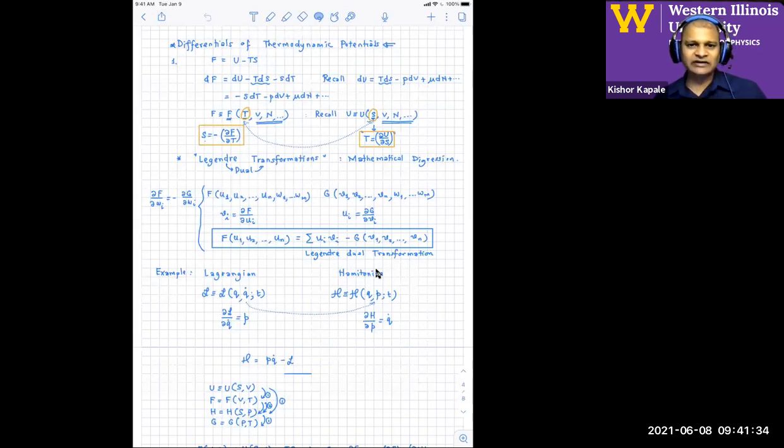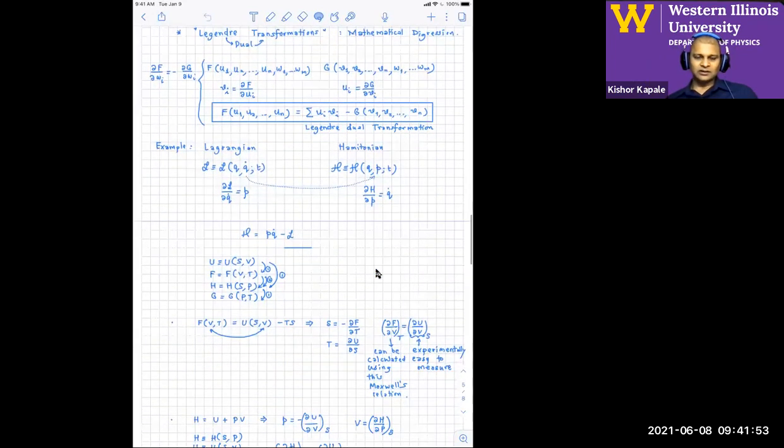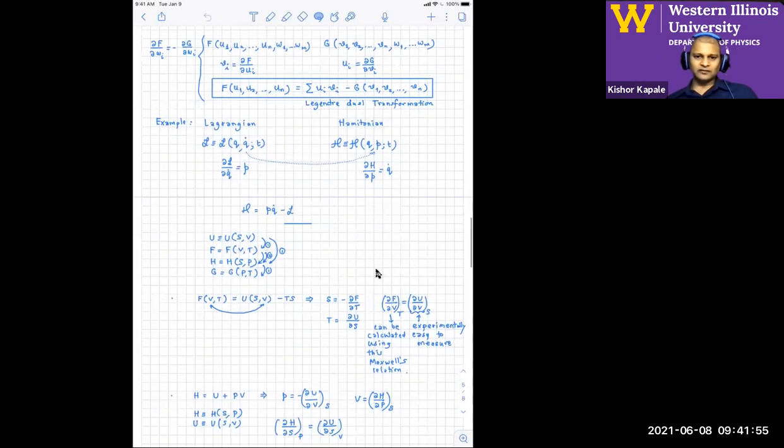Let's take T and V. So you have two variables. You could take the partial derivative of F with respect to T first and then with respect to V, or you could change the order. And changing the order should not change the value of the second order partial derivatives. And that gives you the Maxwell relations that we are going to find very useful, right?